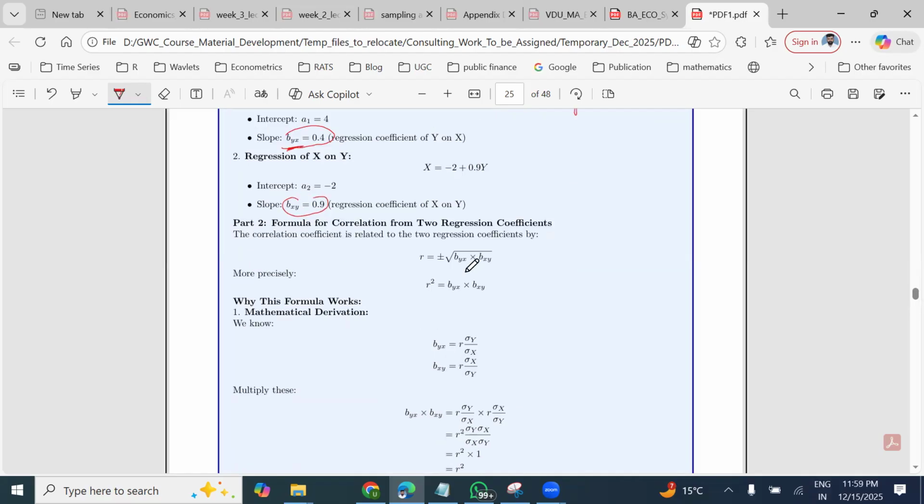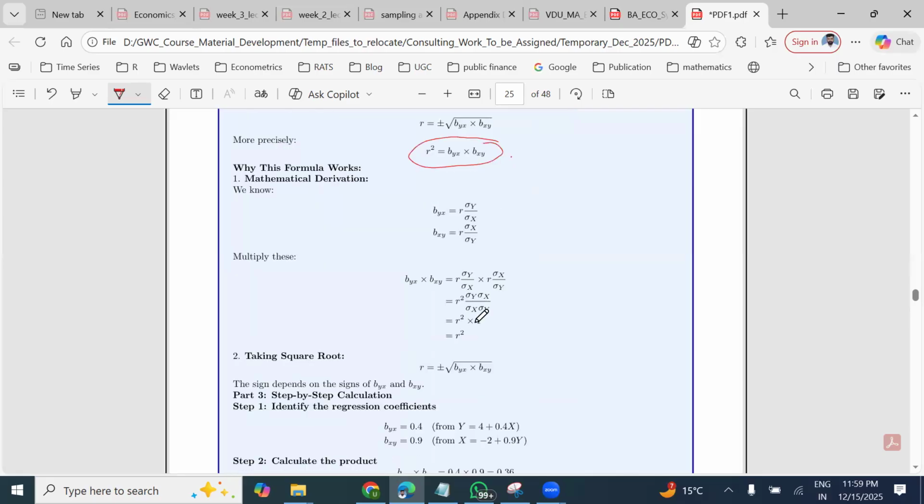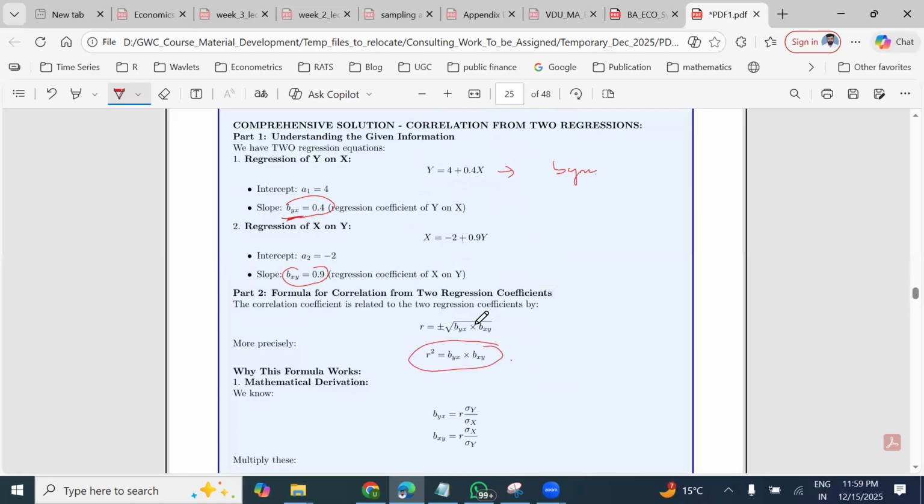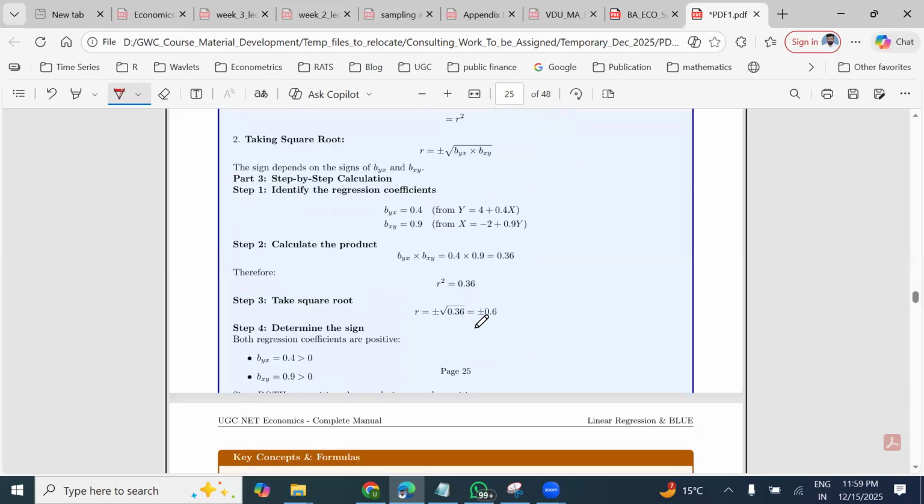So the correlation formula, direct formula, there is no problem. R square is equal to byx into bxy. So simply you multiply. So 0.4 into 0.9, that is 0.36. So R square is 0.36. I think we don't even need a calculator, right?